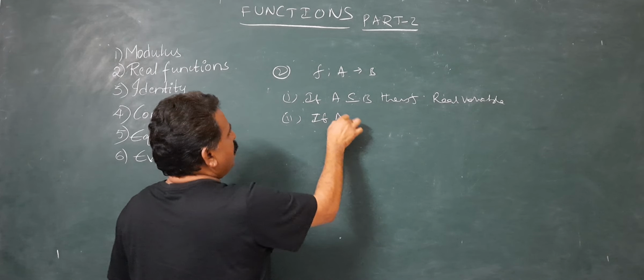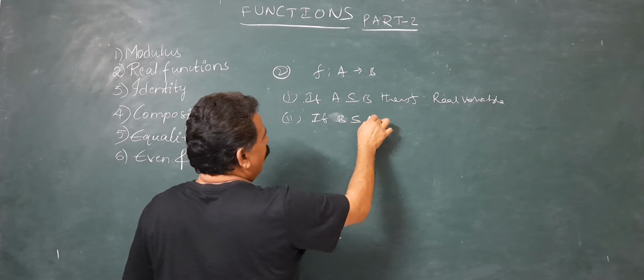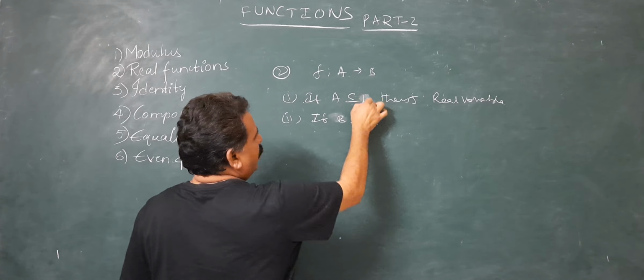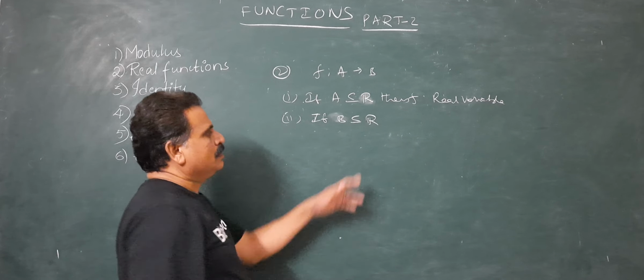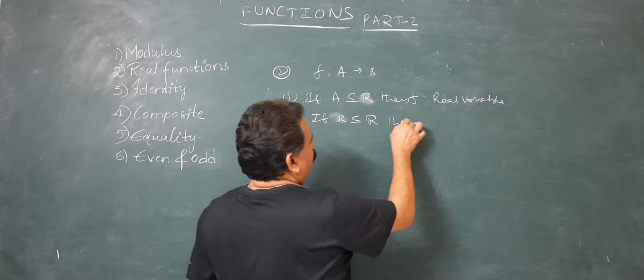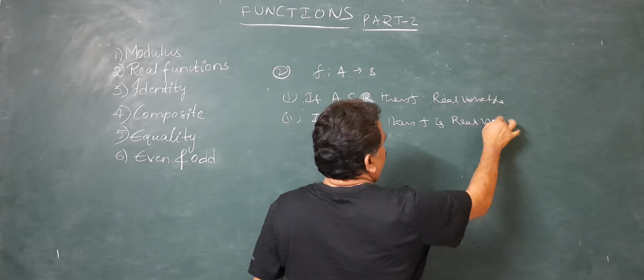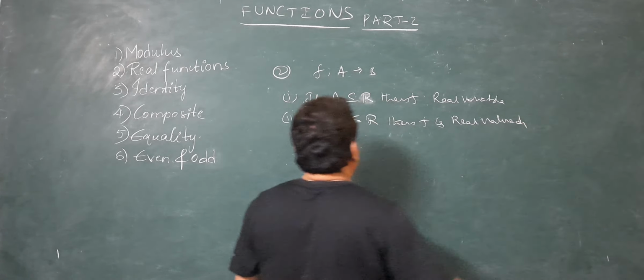Next, second one. If B is a subset of R, then f is a real valued function. Real valued function.